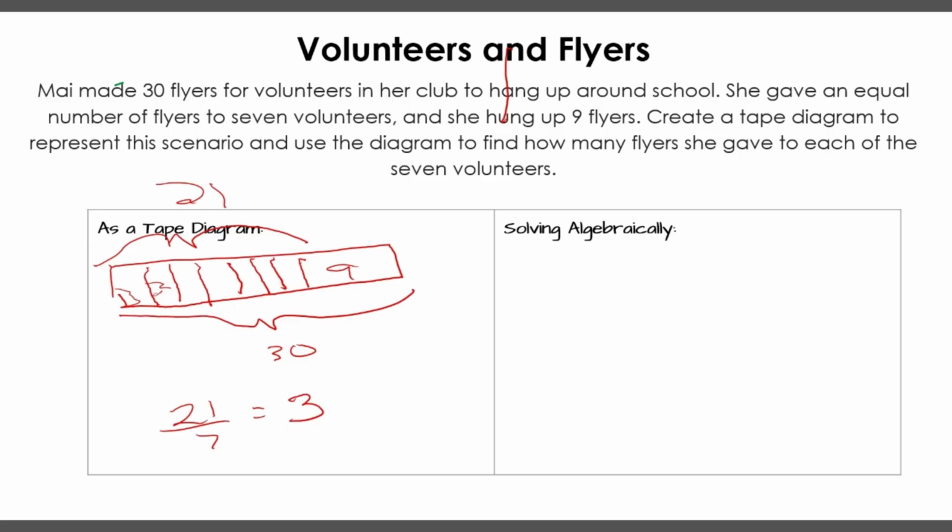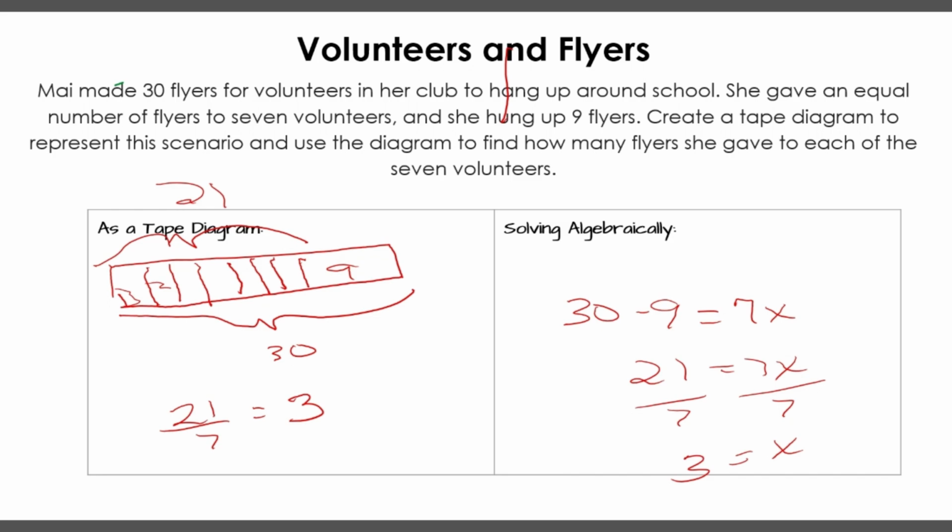The way to write up the equation, I know I have 30 flyers and May put up 9. And that's going to equal 7 times X, how much each person hung up. So 21 equals 7X, divide by 7, and X equals 3.